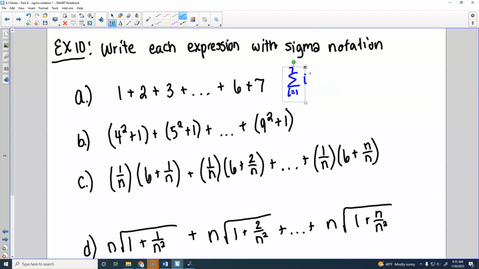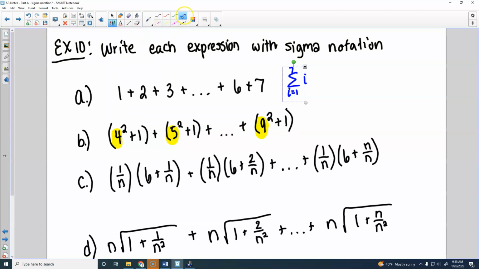So you want to look at the value that's changing and going up by an integer. So 1, 2, 3, you just have an I right here. So if I look at the second one, I've got 4, 5, 9. My value that's changing is this value right here. That's going to be my I, right?